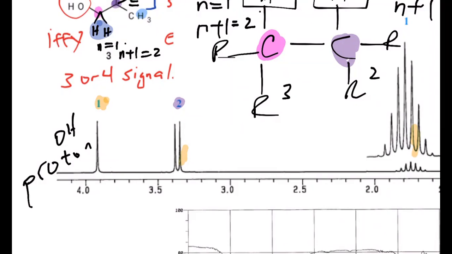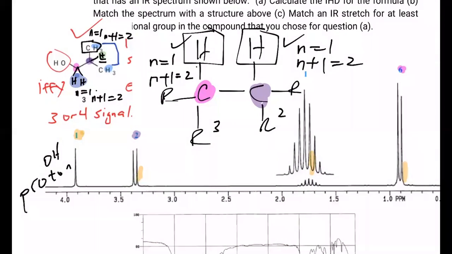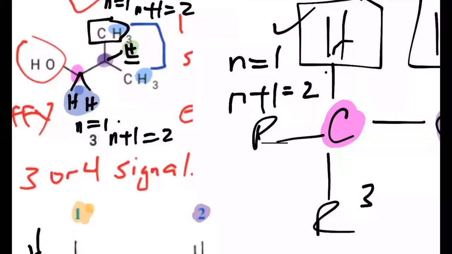All right, let's do that last signal. We know what it represents. We know it's that one proton right there. What is, how many neighbors does that proton have? I'm going to highlight it again.